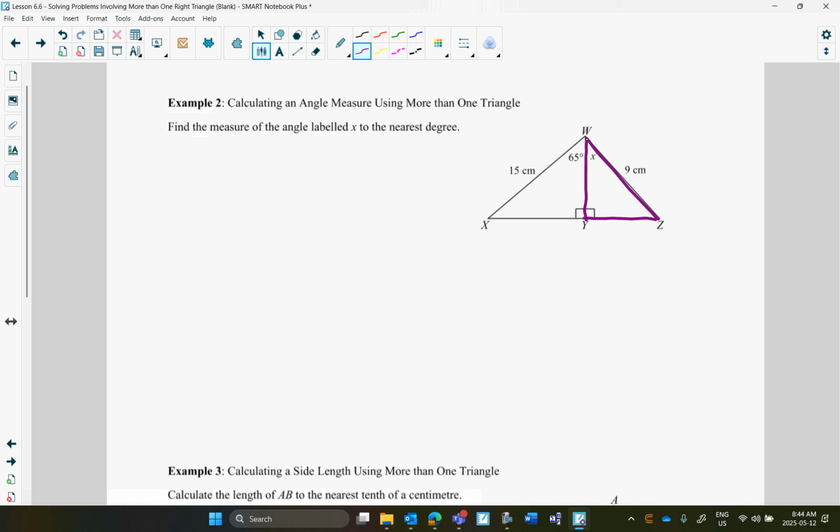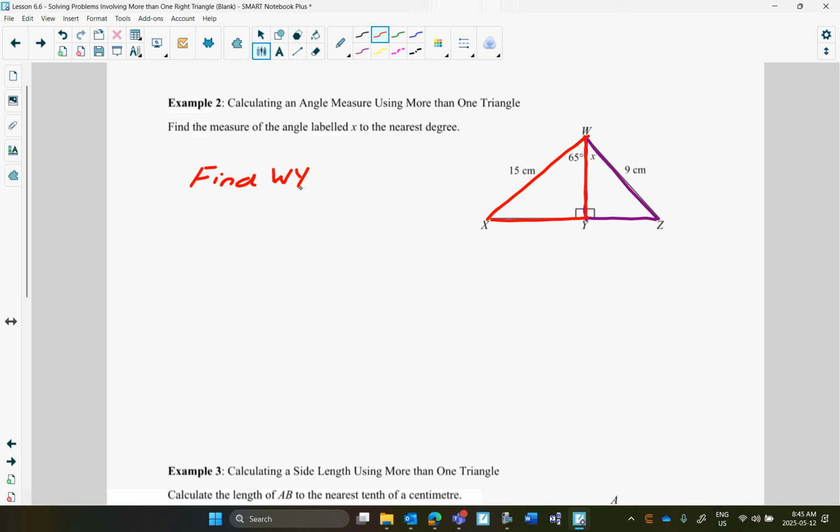What side should I find first? WY, because it shares a side with the purple triangle, the right triangle on the right side.